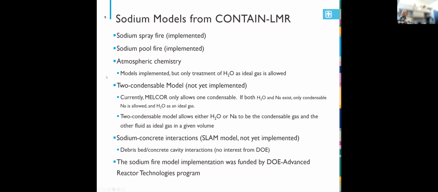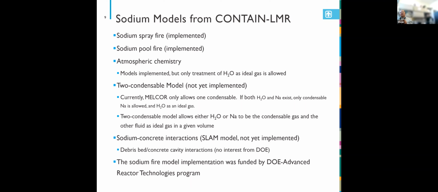Now, the two-condensable model is good because it allows for some instances where you have water instead of sodium as the condensable, like a high moisture area where you have a lot of water, and then that's a condensate. In that case, if sodium is a much lesser amount in that volume, you treat it as an ideal gas, and so forth.